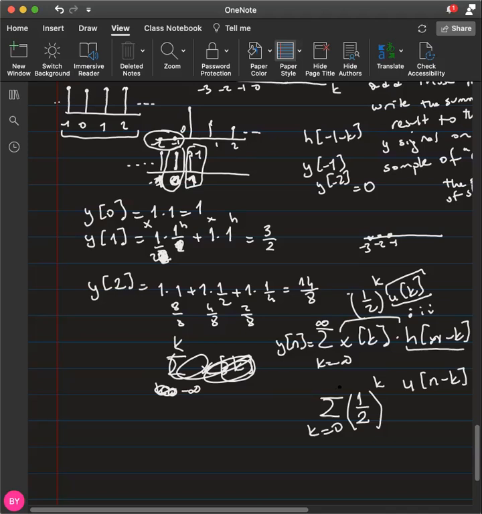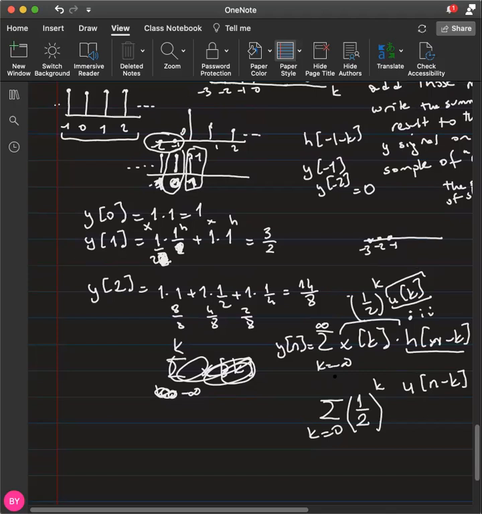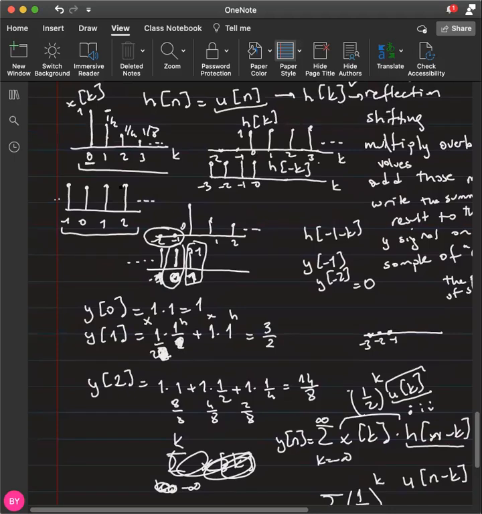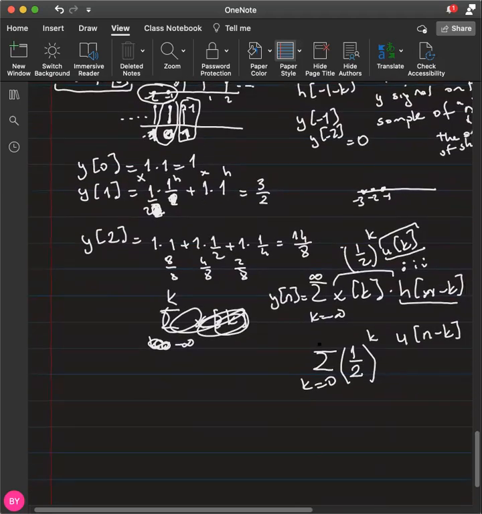Can I write infinity here? Am I performing the multiplications up to infinity? No, I'm multiplying everything up to this shifting point, which is n. That's why I write n here, times 1, which is coming from this one, right?